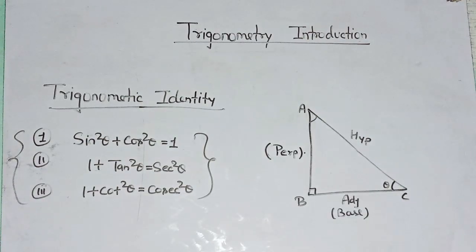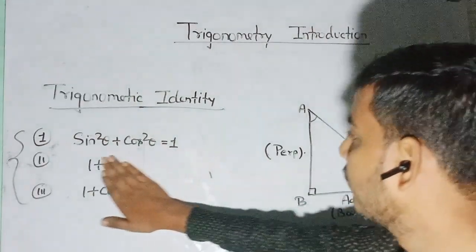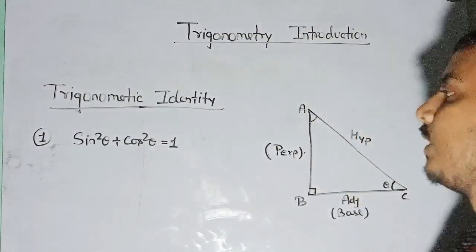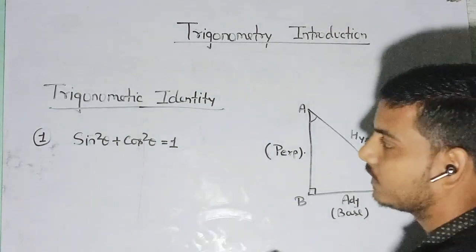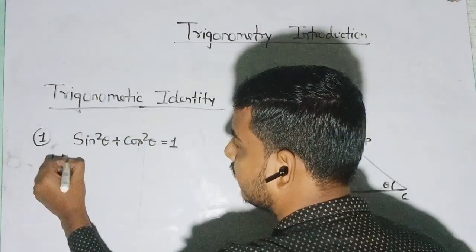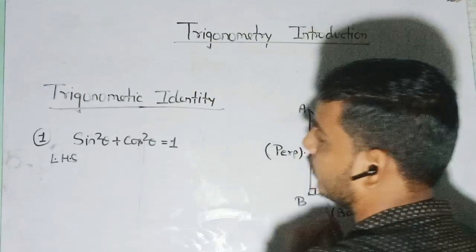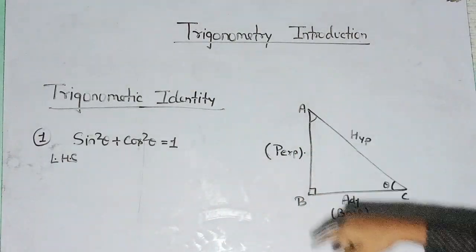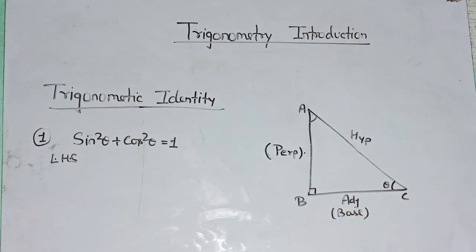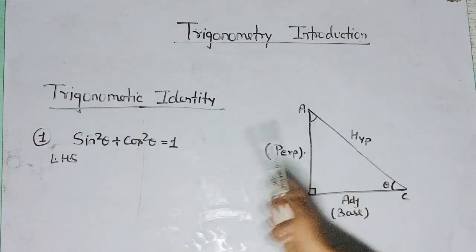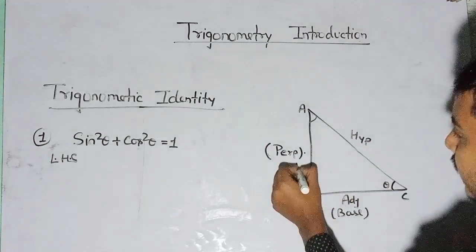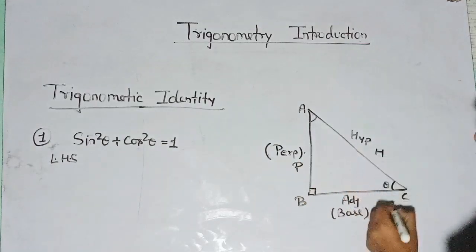I am going to prove the first result, that is sin squared theta plus cos squared theta. To prove this result, firstly we take the LHS, that is sin squared theta plus cos squared theta. Now in this figure we can find out what is sin theta. As I told you about the trigonometric ratios, sin theta is the ratio of perpendicular upon hypotenuse. This is the perpendicular, this is the hypotenuse, and this is the base.